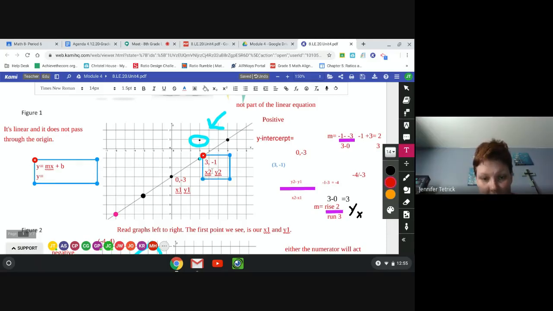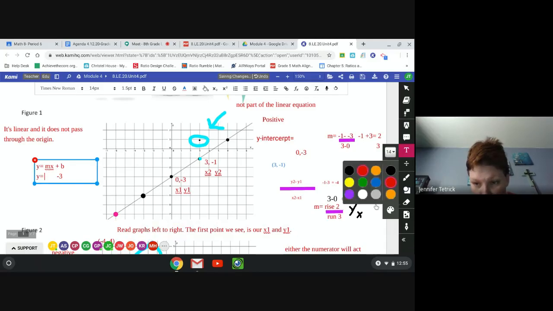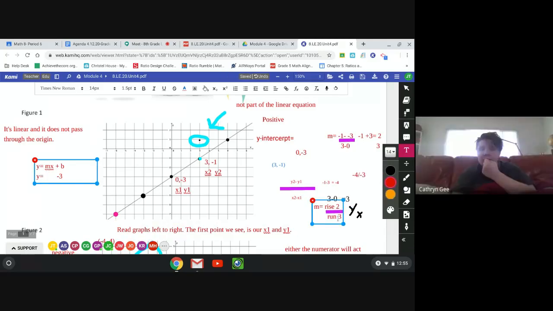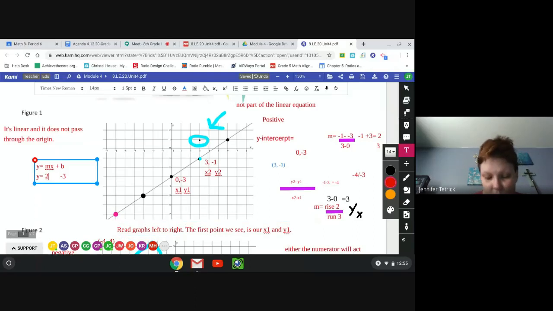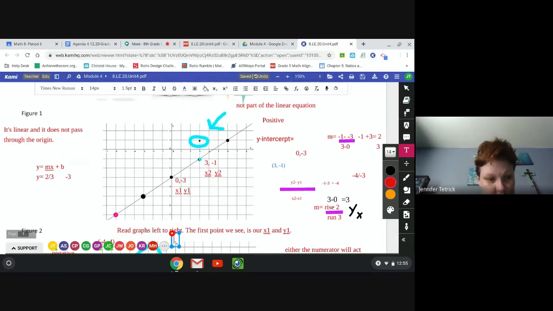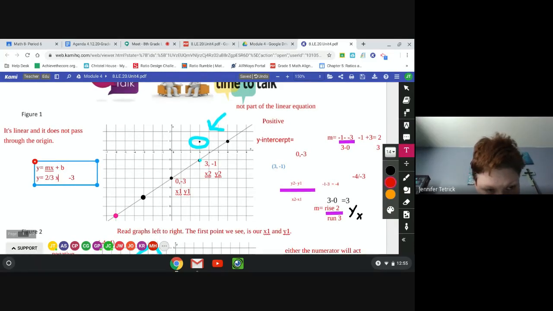And in this case, my y-intercept is -3. What did we say our slope was? 2/3. Yep. So 2/3 x - 3. So we can create equations from graphs as well.